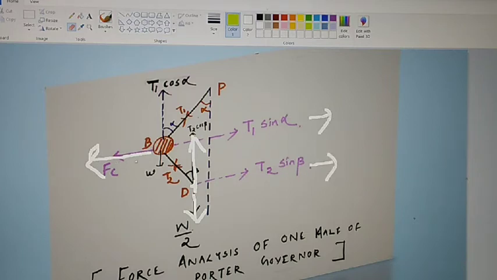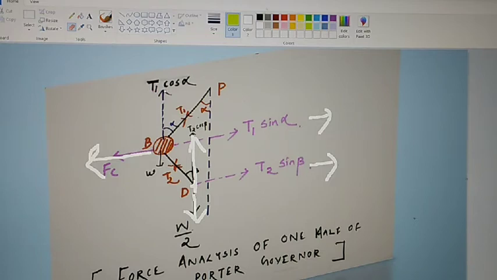We will resolve the horizontal forces in another equation. There will be three equations mainly. At point D, first, T2 cos beta is equal to W by 2. Then in the second equation, the centrifugal force horizontally balances T1 sin alpha and T2 sin beta.